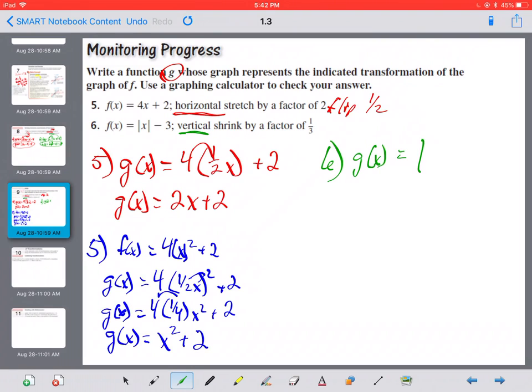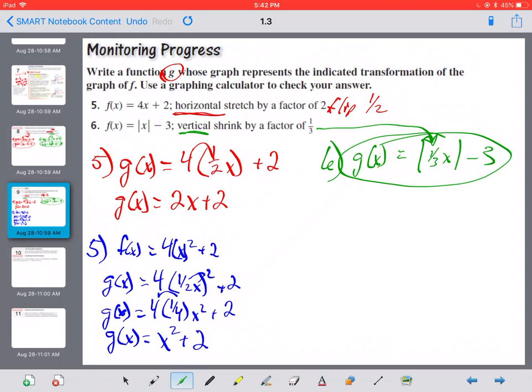Okay, so I'm going to make g of x equal to absolute value. I'm going to multiply something times x and then close it minus 3. That something, I'm going to take that 1/3, plug it right in. Okay, plug it right in there, and we're done.